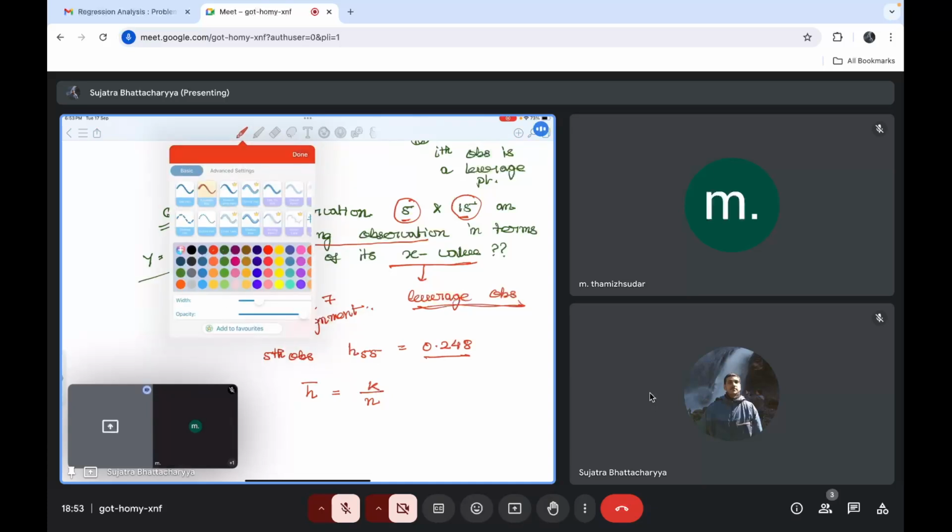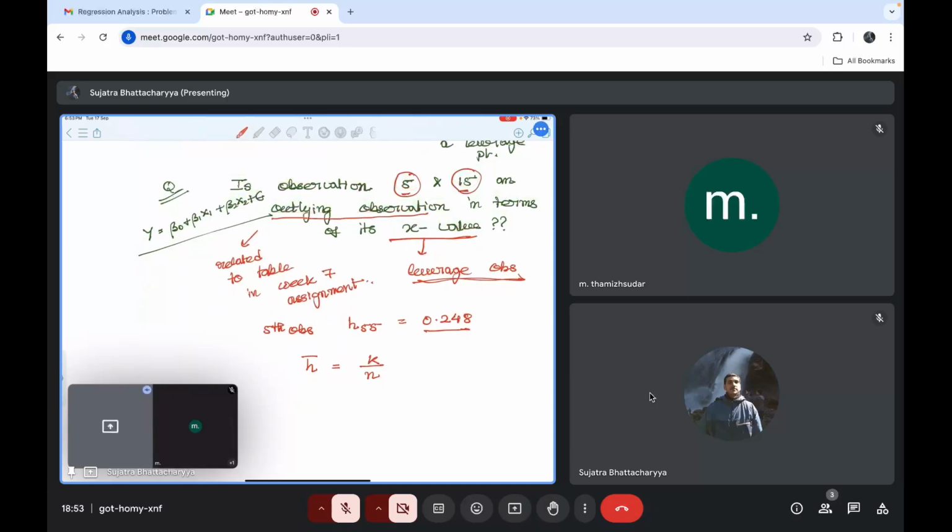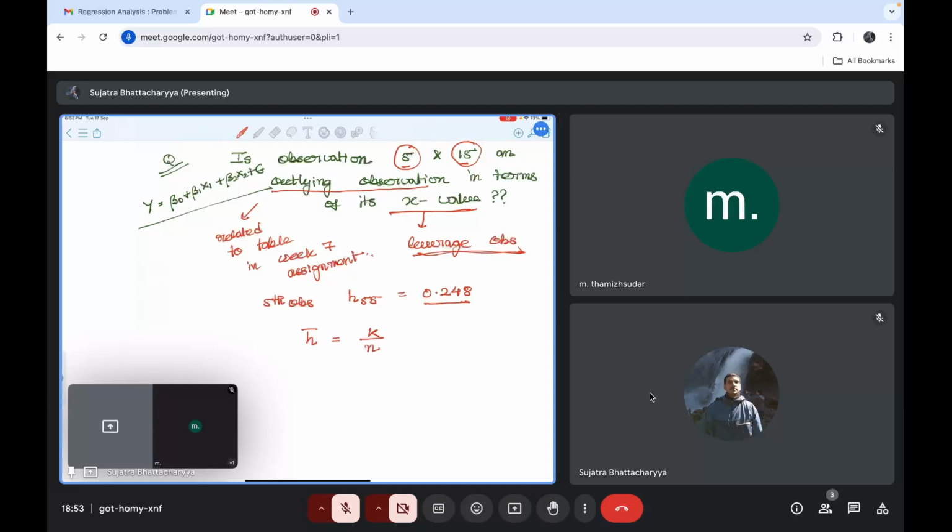So for this kind of model, you have to check whether observation 5 or observation 15 is a leverage point or not. If this is the model, then k is equal to what? 3, because we have 3 unknown parameters or 3 regression coefficients. So it will be 3 divided by n, which is 20.